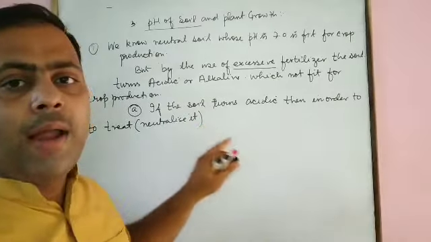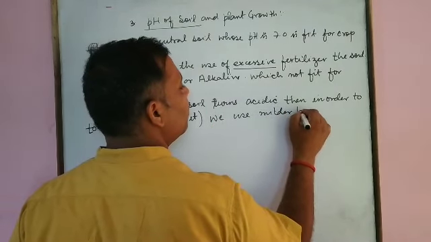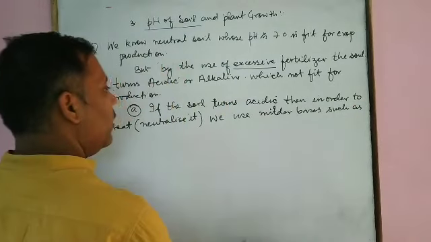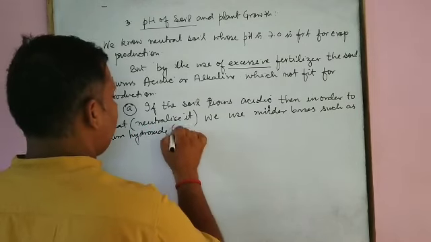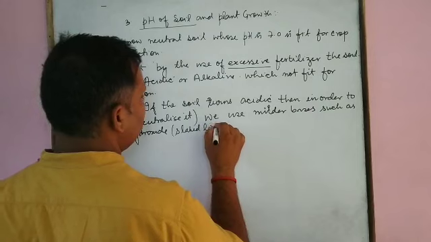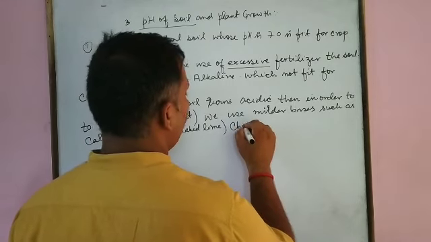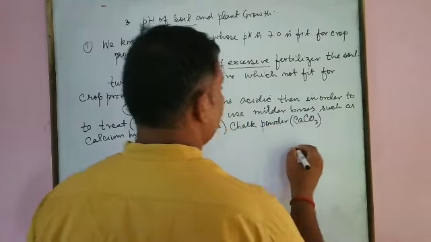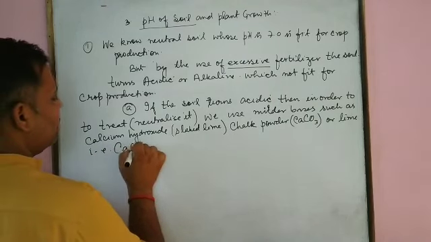what we use milder bases. We use milder bases such as what we have, calcium hydroxide, that is slaked lime, the next one, chalk powder, that is calcium carbonate, or lime, that is calcium oxide.